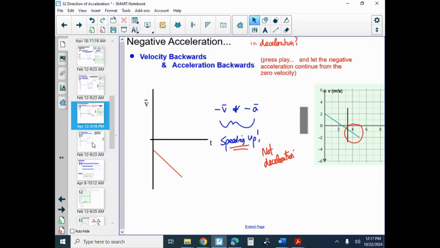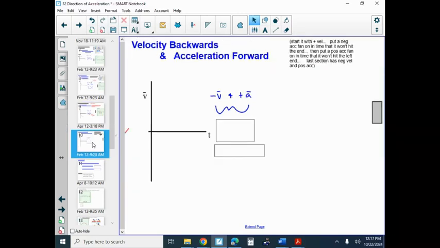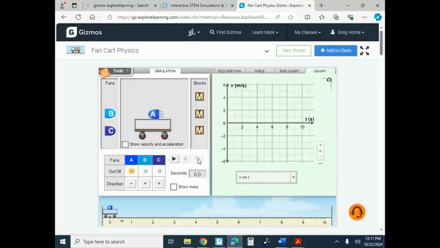Okay? And finally, velocity backwards and acceleration forwards. So I have to set this up again and basically turn the fan around while it's going backwards and manage to accelerate forwards. Okay, so let's reset here.